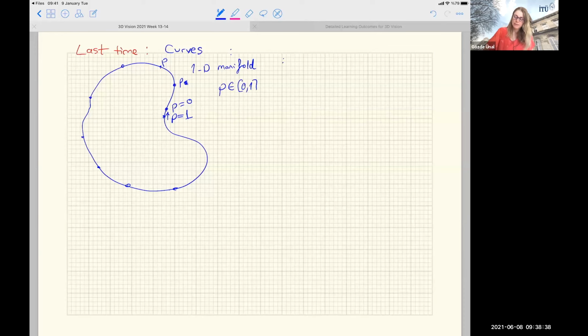So my C of p was actually an embedding from this interval I in R. The definition of C mathematically is from I to the embedding space. It could be R2 or R3, right?